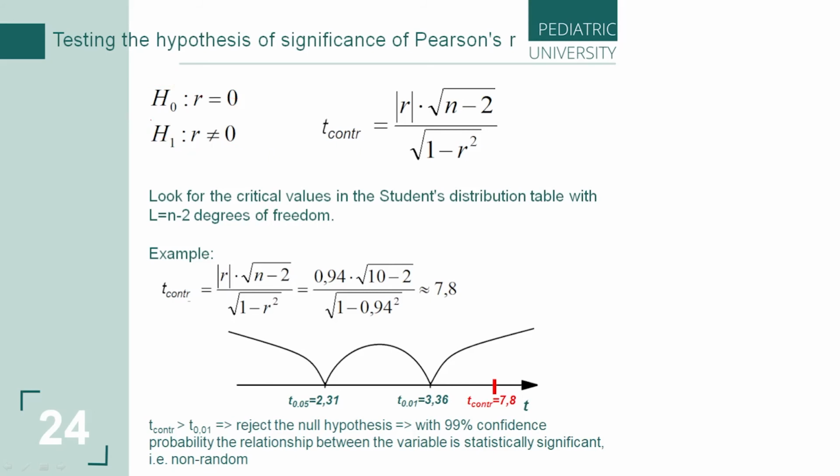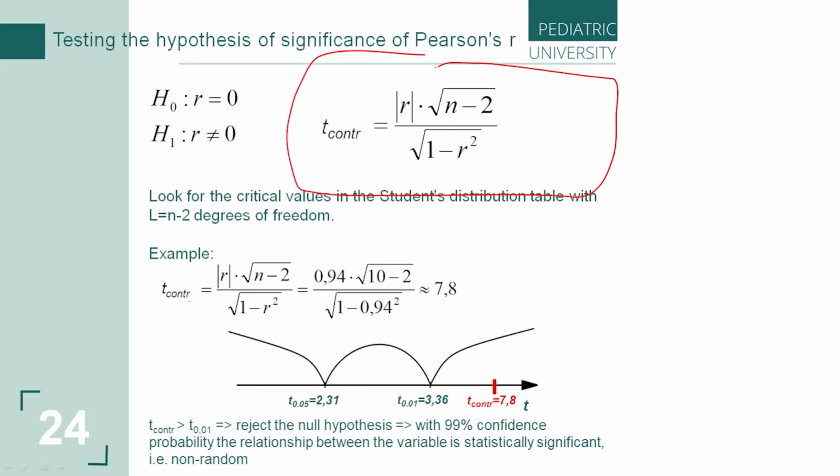After that, we calculate the control value using the formula on the slide, where R is the correlation coefficient. What is n? N again is the sample size. What is next?